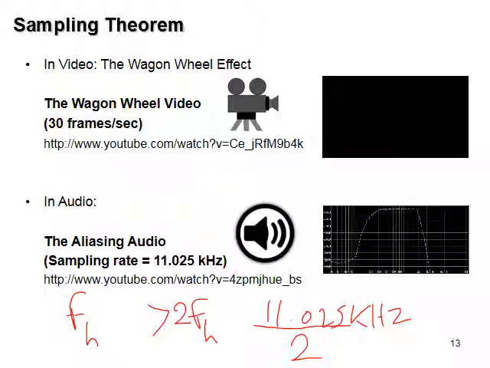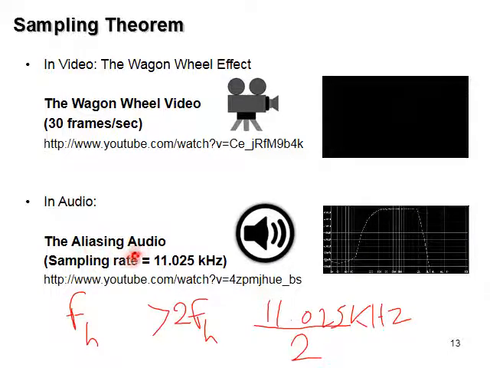In reality the frequency was going up to 6, 7, up to 20 kilohertz, but what we heard appeared as if we had a lower frequency. Why is this happening? Again, it's because the sampling rate is not high enough. It's only 11.025 kilohertz. So we got what's called aliasing.